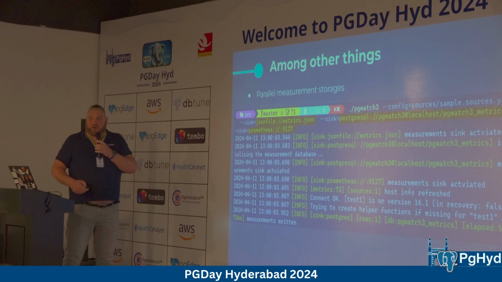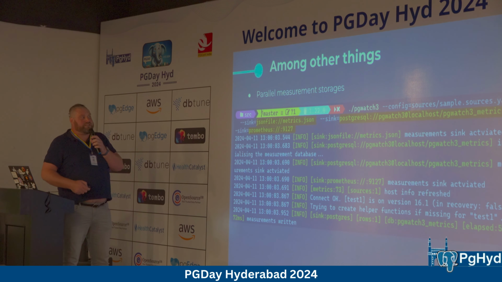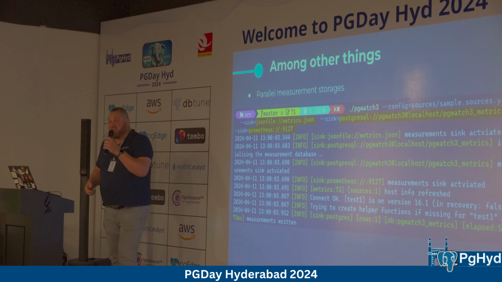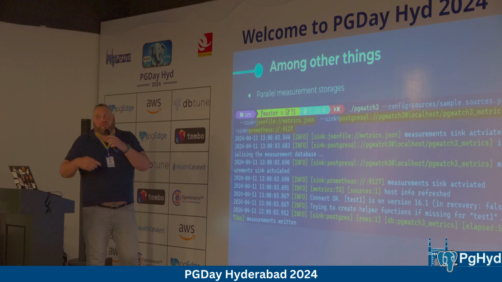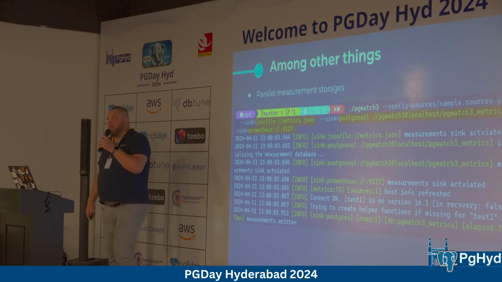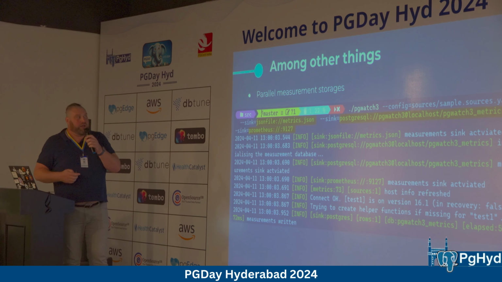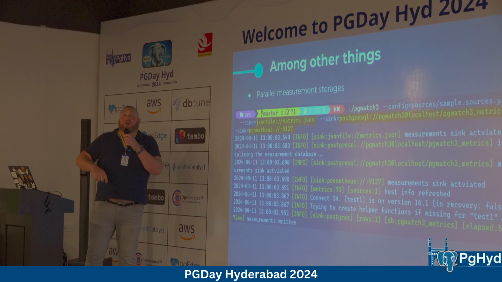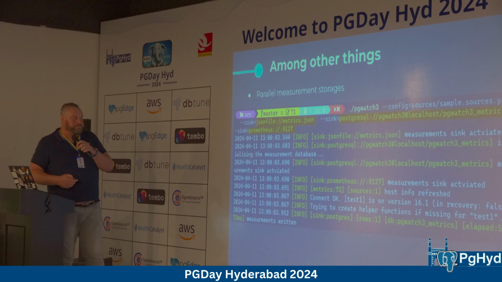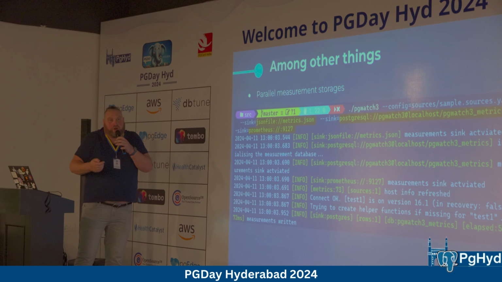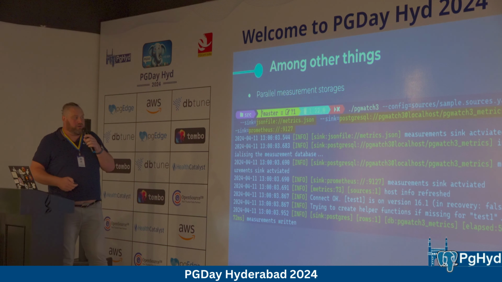Now we can do it in parallel. We can put it into JSON, we can put it into PostgreSQL, and we can serve it over Prometheus, all at once. And more to come. We almost finished the RPC sink, which allows you to create your own implementation of sinks. You will just get the measurements and do what you want with them, or you can make your own alerter or something like that.